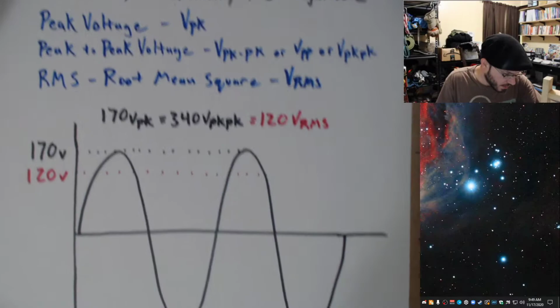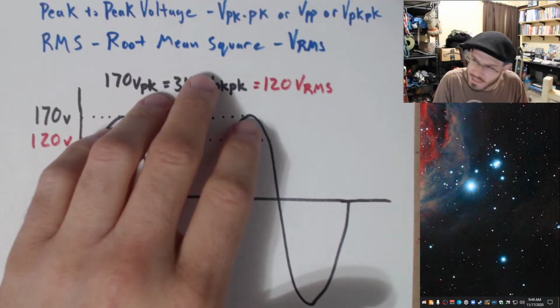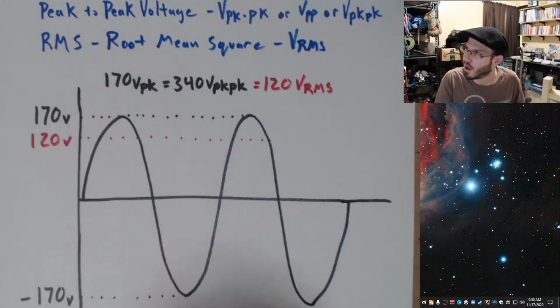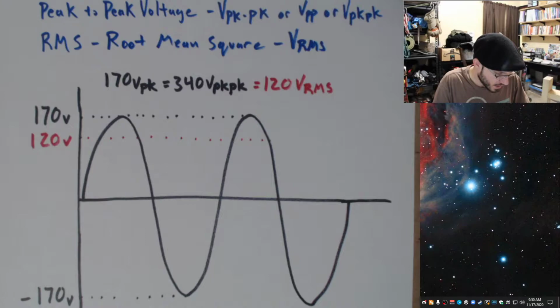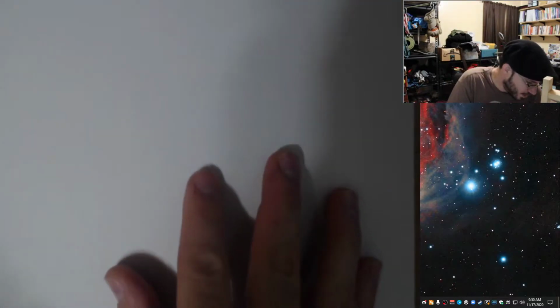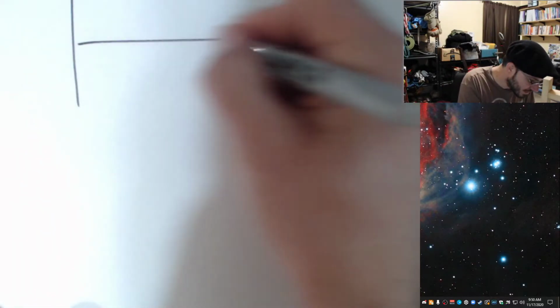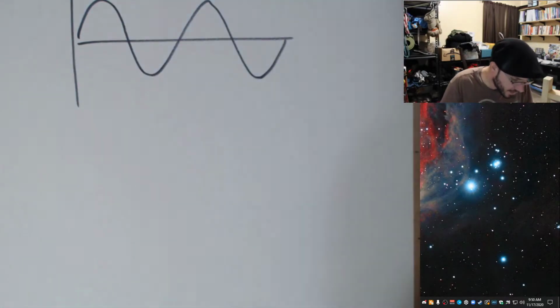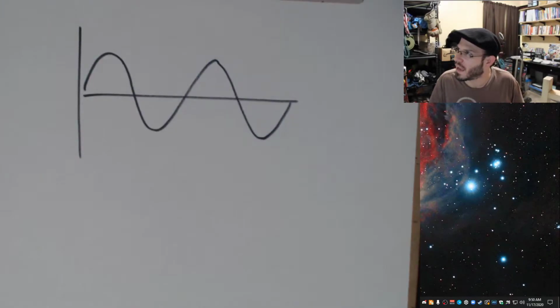So RMS, or root mean square, gives us a method to talk about our voltage as an average voltage. But we can't go straight to an average voltage because, what's the average of a sine wave?